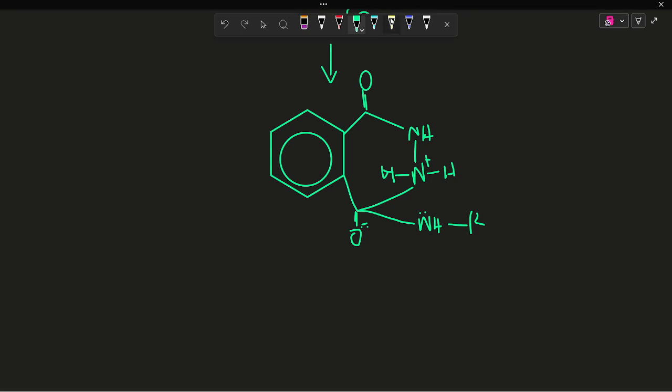Now after this, the same process will be happening again, right? Here is a single bond, right? You should know that. So this lone pair of electrons will get converted into a bond pair. This bond will be broken, it will be given to this. Since this nitrogen has a positive charge, it will be taking this lone pair and converting it into its bond.